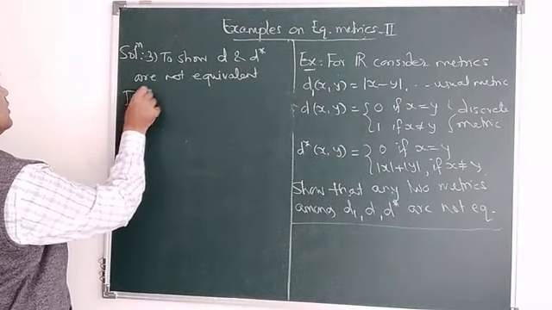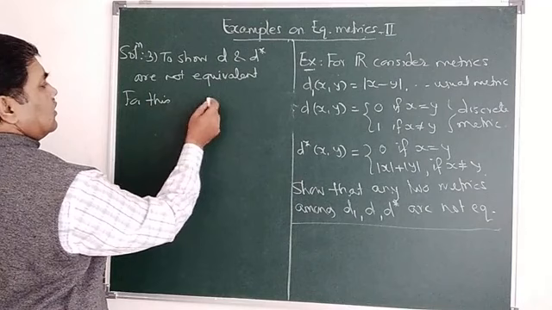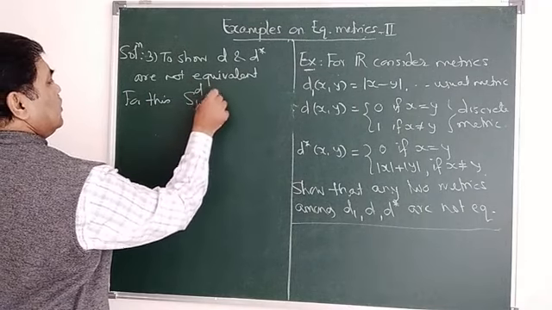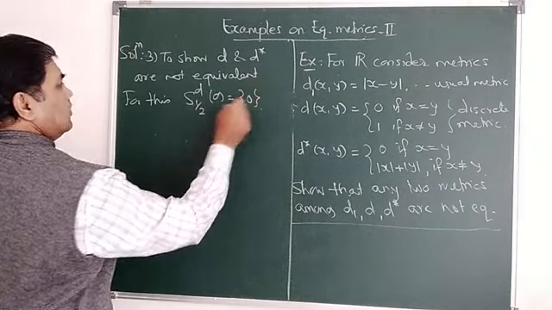So, for this, S half D 0 is again singleton 0.